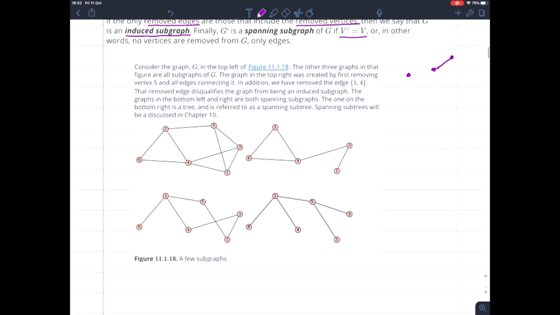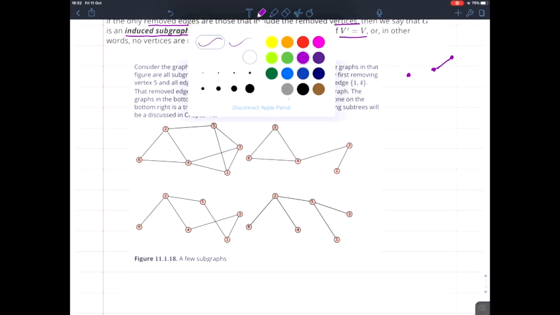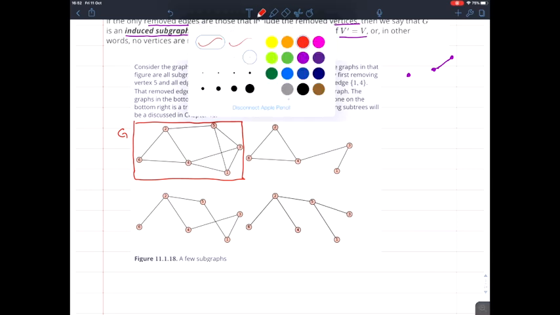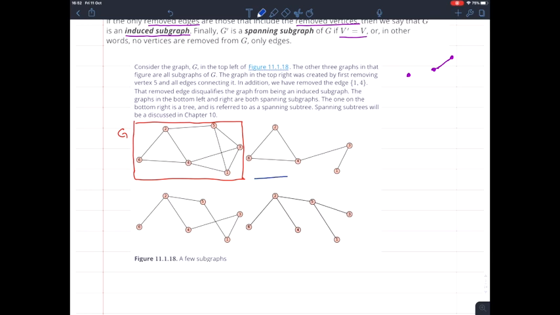So let's have a look at some examples. So let's just make a note. This is our original graph. Let's call it G. And let's have a look and see. So I'm contemplating this subgraph.